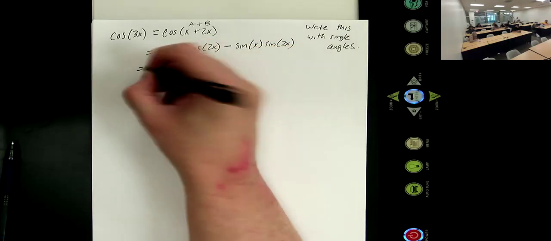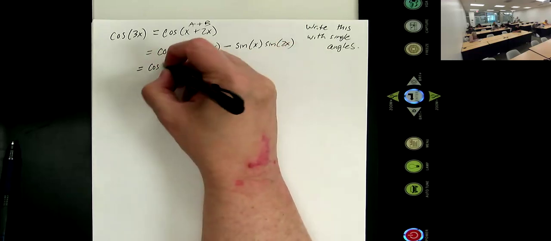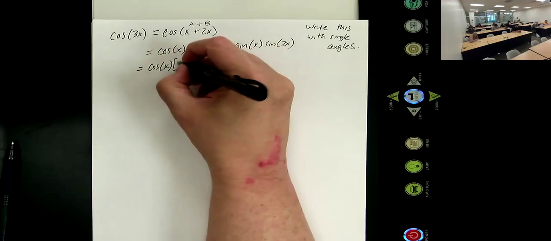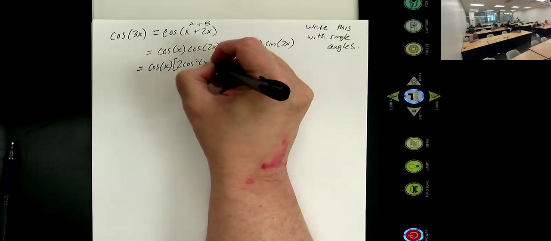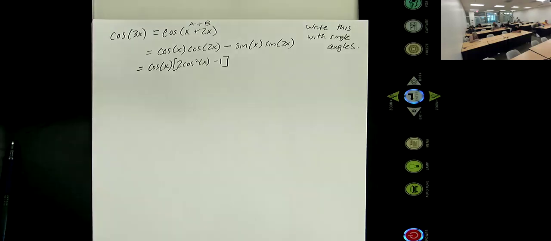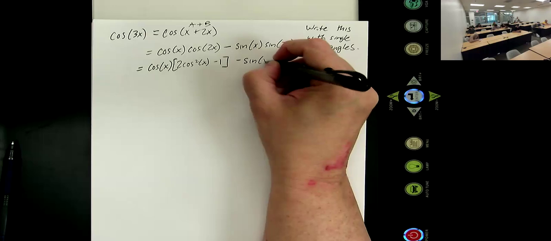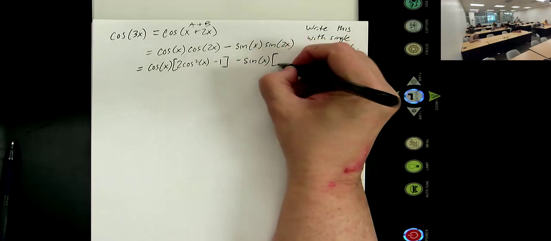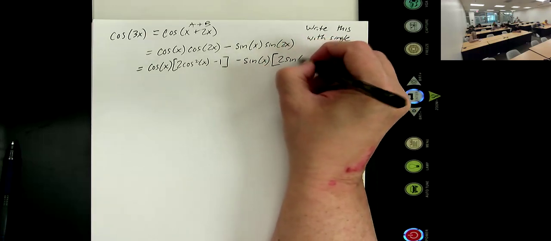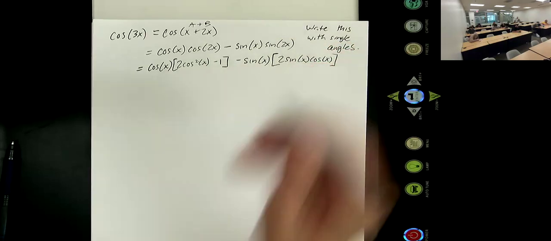Alright, well, we can break cosine 2x down. We can treat that as 2 cosine squared x minus 1. And then we've got minus sine x, and sine of 2x is 2 sine x cosine x.